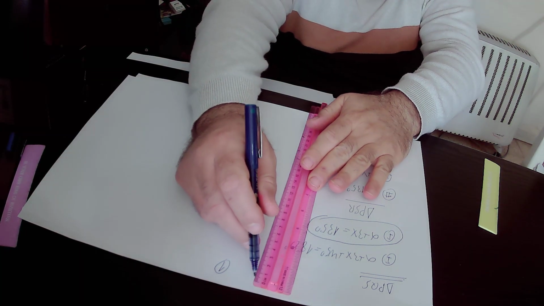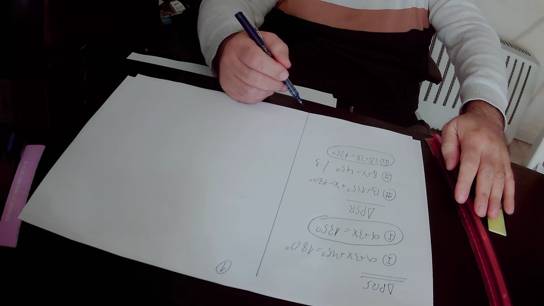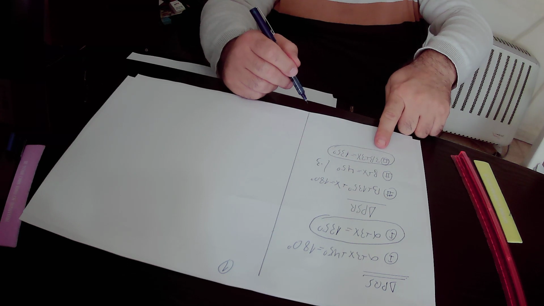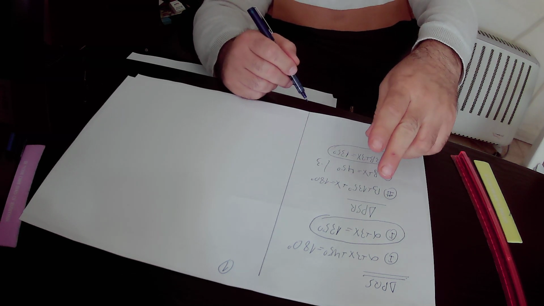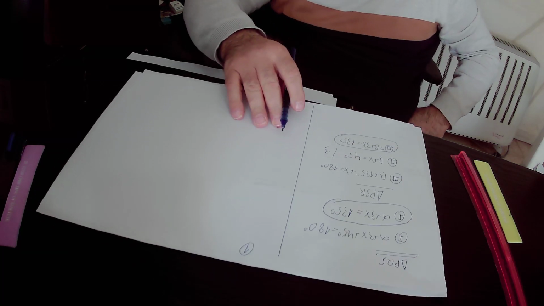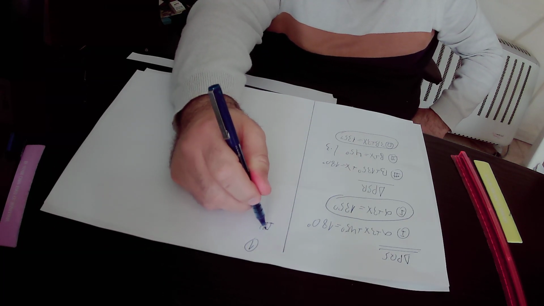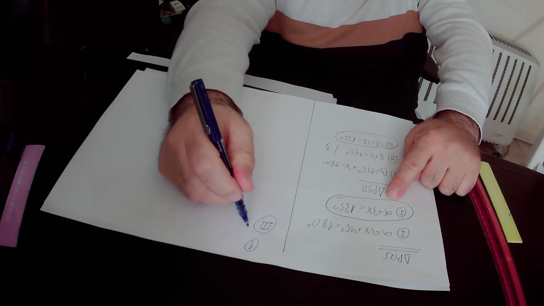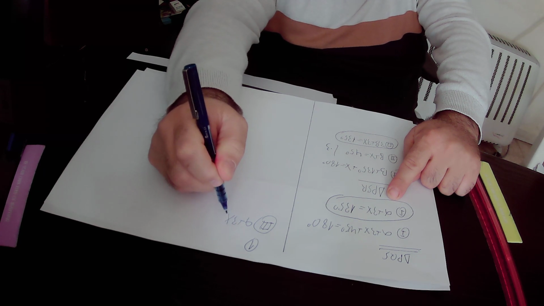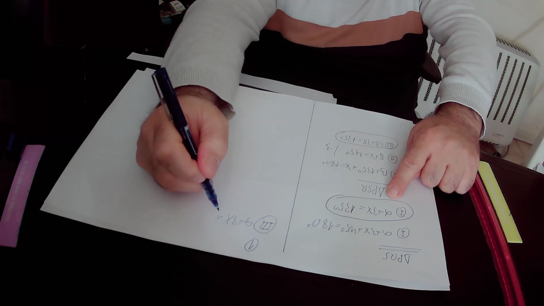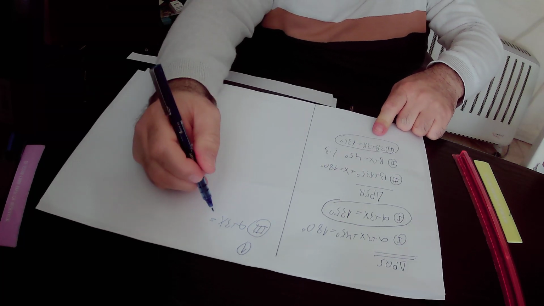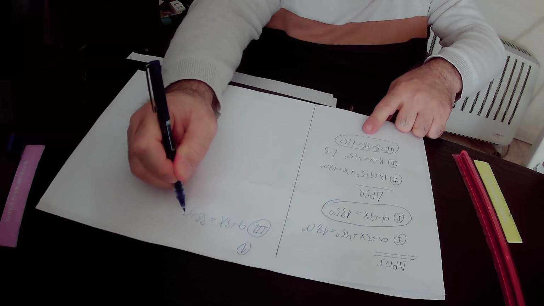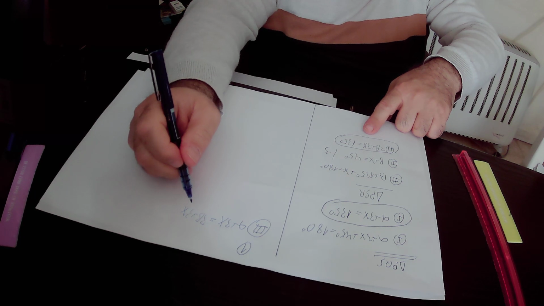So we can create equation number 3, which states that alpha plus 3x equals 135 degrees, and 3 beta plus 3x also equals 135 degrees.